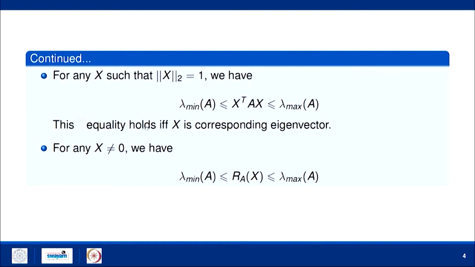This equality holds if and only if x is the corresponding eigenvector, and this you can easily verify with the example which we have taken in the previous lecture. That is, you have the matrix A equals to 2 1, 1 2, with eigenvalues lambda equals to 1 and 3.